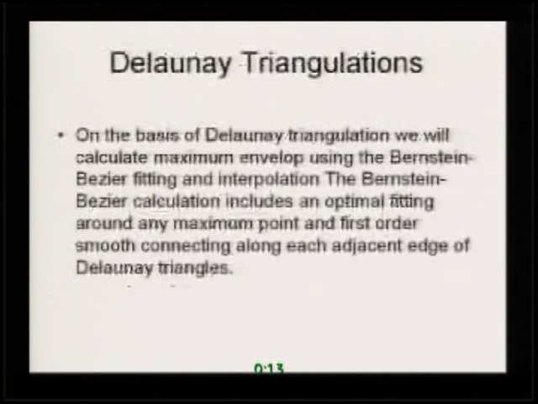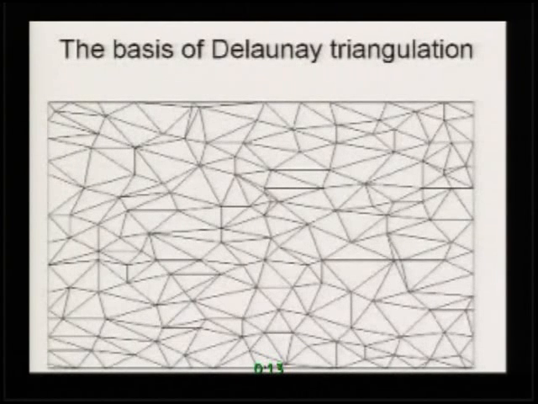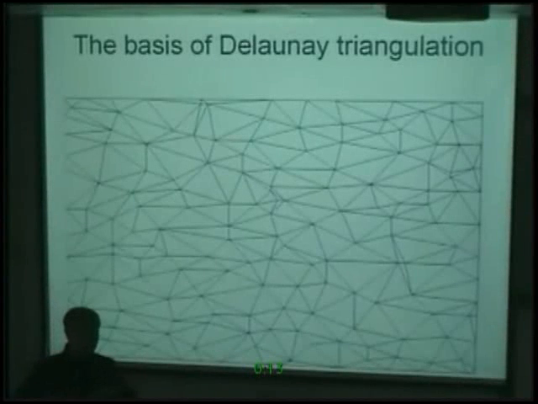The third one is Delaunay triangulation. The Delaunay triangulation simply stated is like this. For each extrema you connect your neighboring extrema by straight lines, so you form triangle shapes. In this way, you can connect everything.